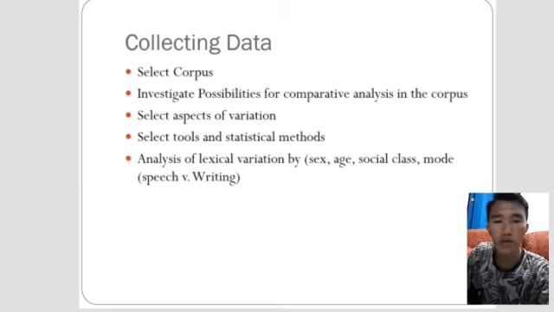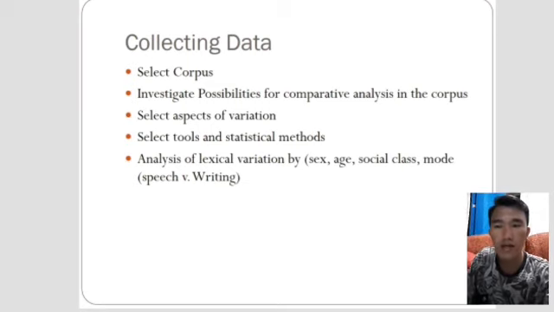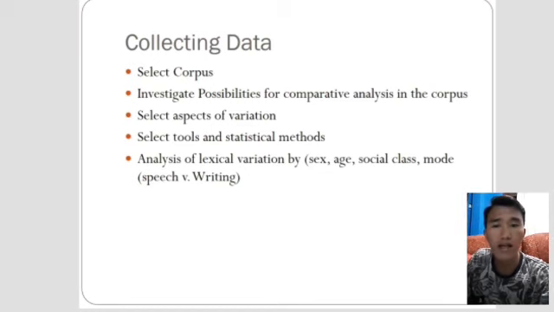When we want to use corpus, first we have to select a corpus, of course, and then collect the data. And the second one, investigate possibilities for comparative analysis in the corpus, and select aspects of variation, and select tools and statistical methods. And the last one, analyzing lexical variation by sex, age, social class, and mode, speech and writing.